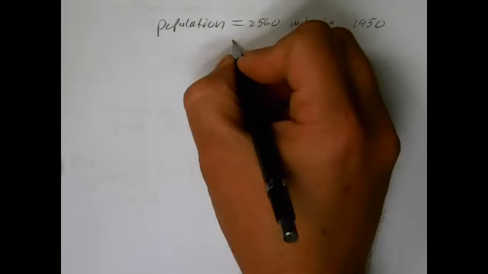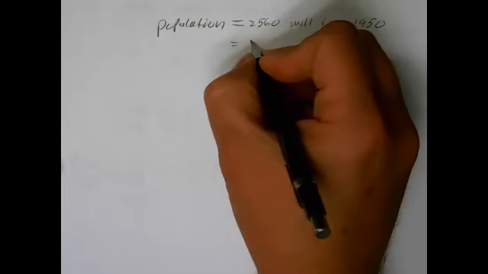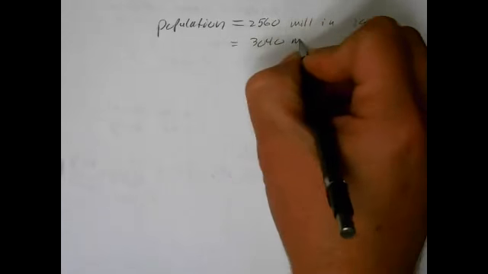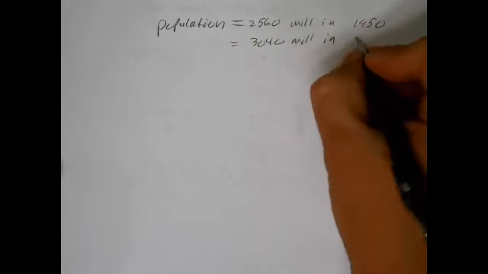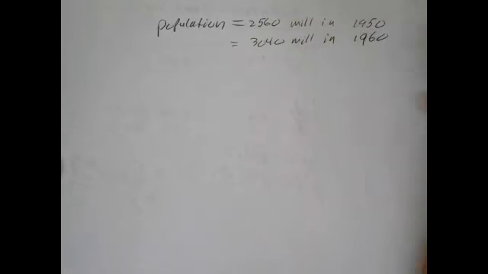And the population was equal to 3,040 million in the year 1960. So we want to try and use this to model the population of the world in the second half of the 20th century.